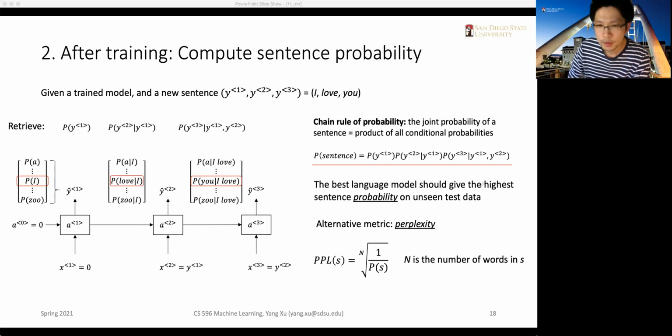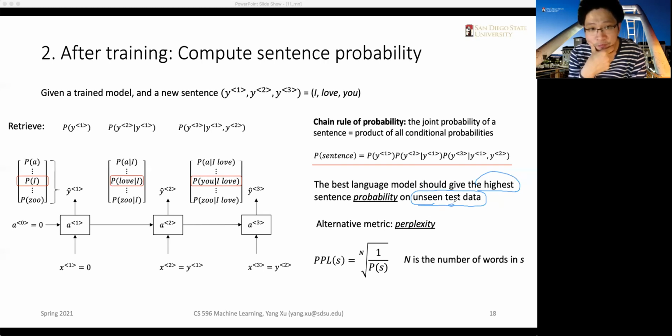Okay. So the word highest is probably not literally the highest, but the basic meaning is that a good model should produce pretty high sentence probabilities. That is because the testing data are actual sentences spoken by human beings. So our goal is to build a language model that mimics the behaviors of human language, right?